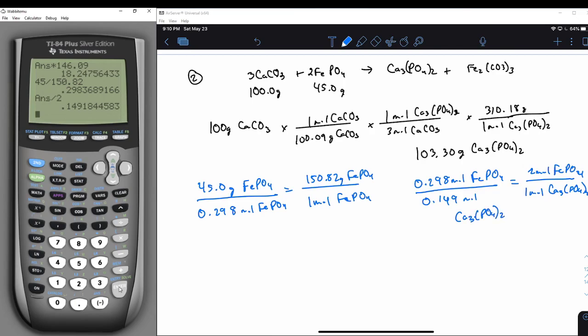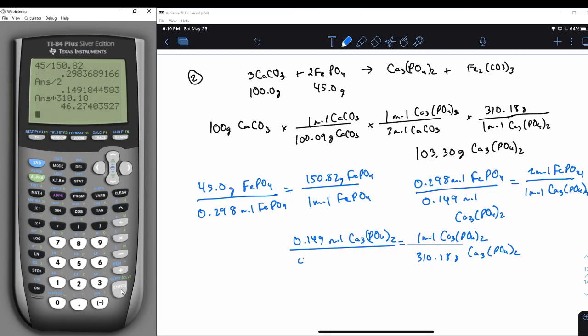So then we take that, and then we convert it to grams. 1 mole of Ca3PO4 2 is the equivalent of 310.18 grams, like the last part. So then we get this times 310.18.